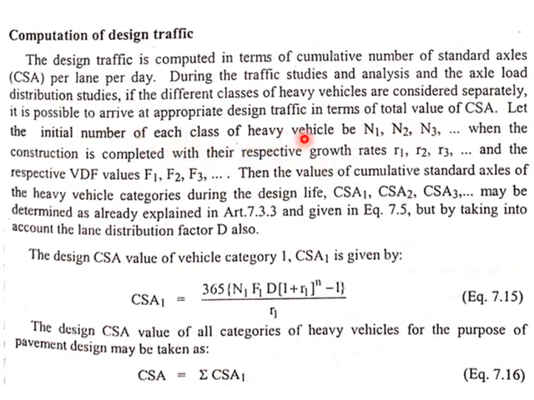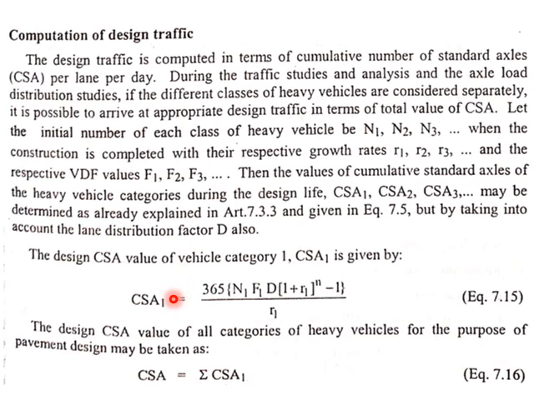Heavy vehicle loads are considered for the design of flexible pavements. And then we have R1, R2, R3, which are the growth rates of traffic. Then we have the values F1, F2, F3, which are the equivalent wheel load factors. Okay, then we have D, which is the lane distribution factor.